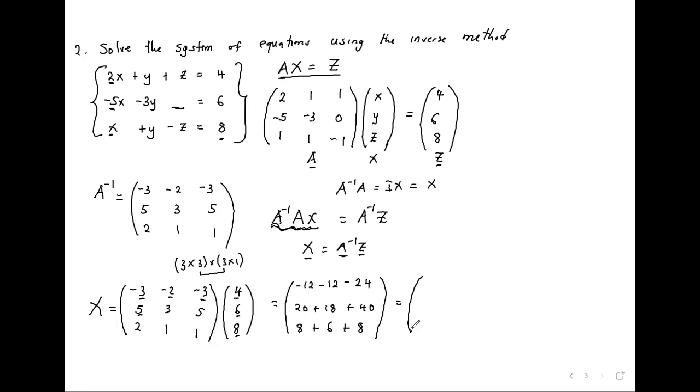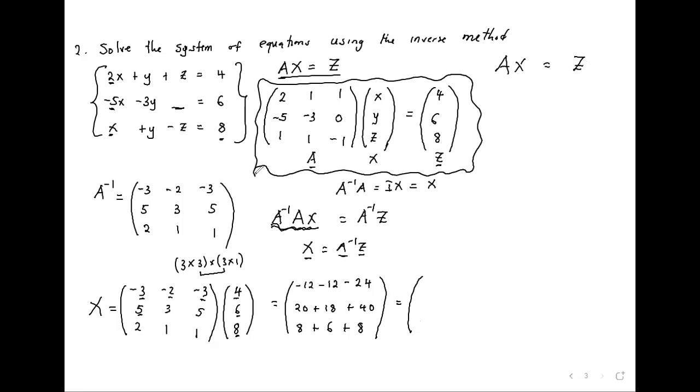The initial equation that we have is the equation AX giving us Z. This is what we have as our initial thing from the given system. So you're able to break the system into this format here.